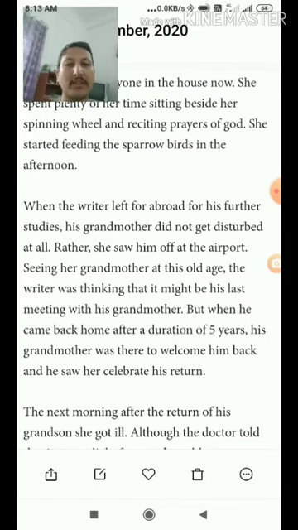First, he studied in a local school in the village. Then he went to the city and went to a city school and college. When he started studying in the college, there was a turning point of relationship when the writer was given a single room, not along with his grandmother.